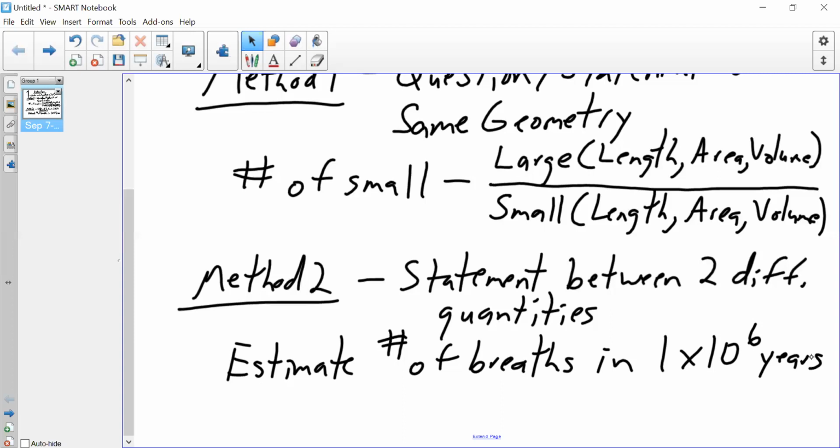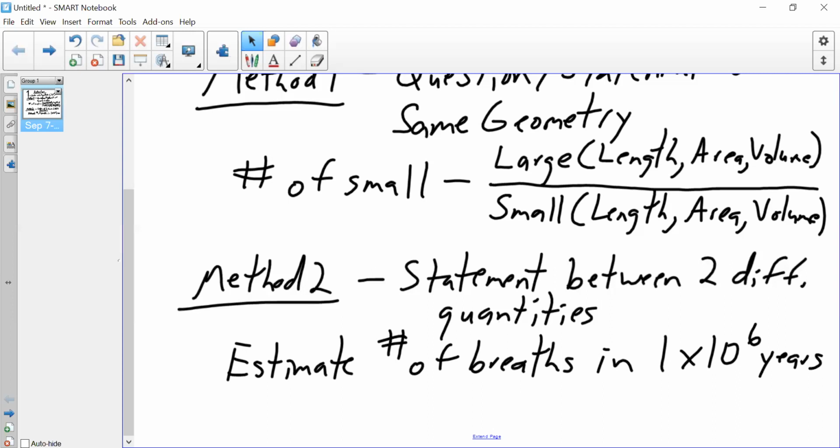We know 1 million years. That's in the statement. And then we go from what is known to a reasonable assumption that involves the quantity we're trying to figure out, which is in this case, the number of breaths. So a reasonable assumption would be 1 breath we take basically every second. And so we can whittle down what we know, which is the years, into number of seconds by breaking everything down by conversion factors.